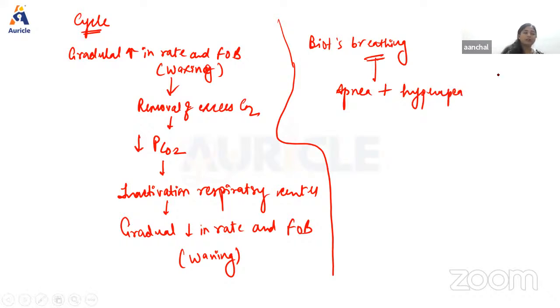Waxing or waning basically does not occur in this type, and after the apneic period, the hyperpnea will occur abruptly. Now, what happens during apnea? Carbon dioxide accumulates and stimulates the respiratory center, which leads to hyperventilation. During hyperventilation, a lot of carbon dioxide is washed out, so the respiratory center is not stimulated and apnea will occur. So this is all about Biot's breathing.